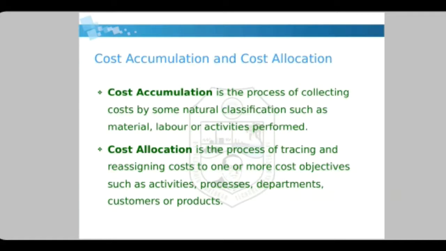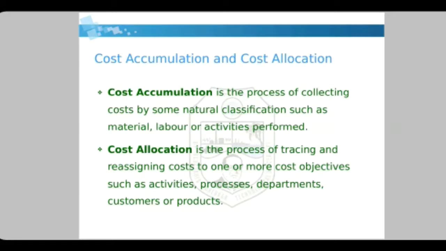For example, if we want to calculate the cost of making any product, we will calculate it depending upon the cost of material used, the labor cost, and the activities performed for making that product, right? So this is cost accumulation, the cost we can directly calculate.